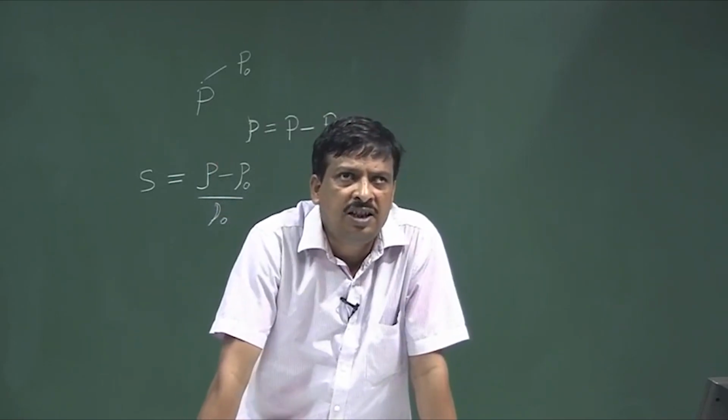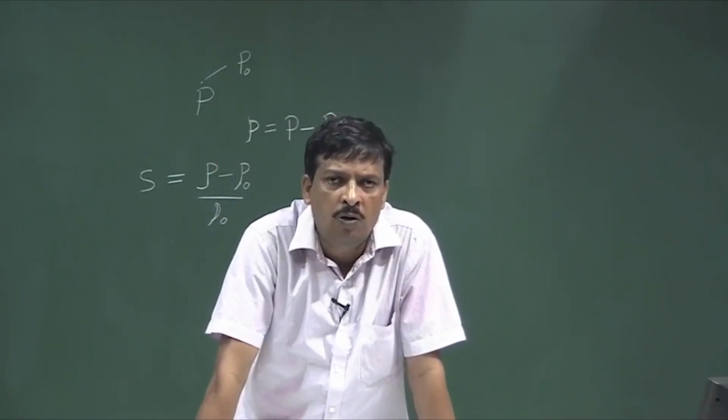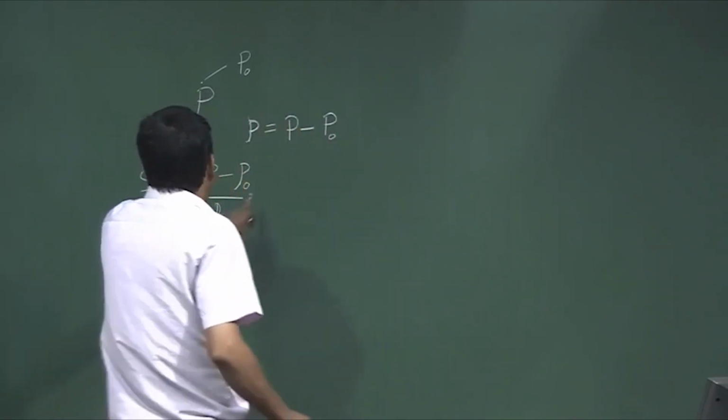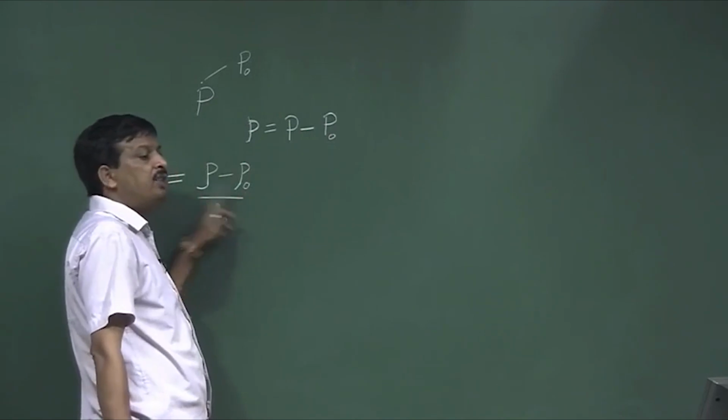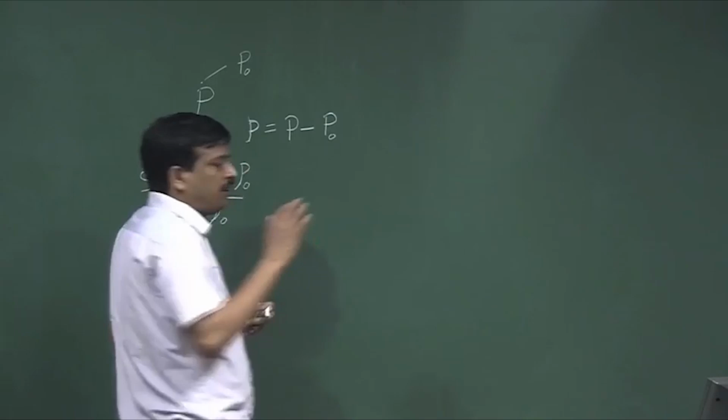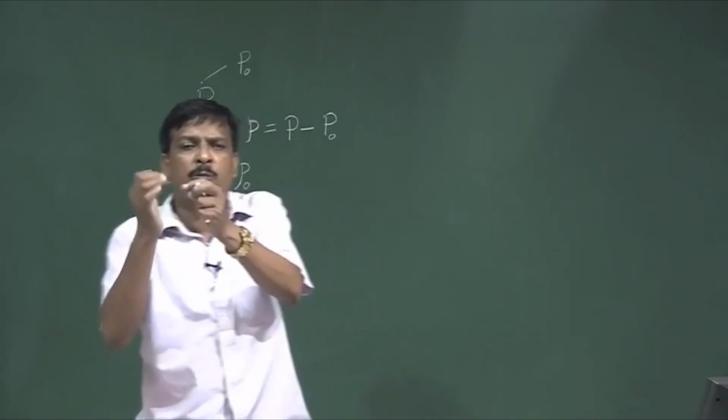So, the density of that medium is rho, minus the equilibrium density rho 0, divided by rho 0, is the condensation property.